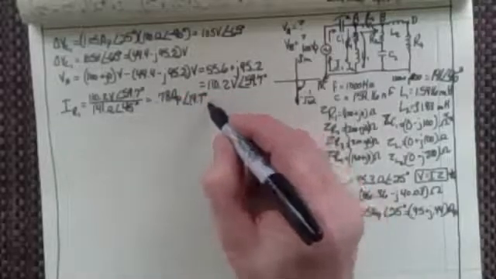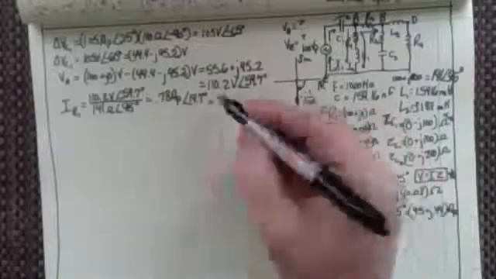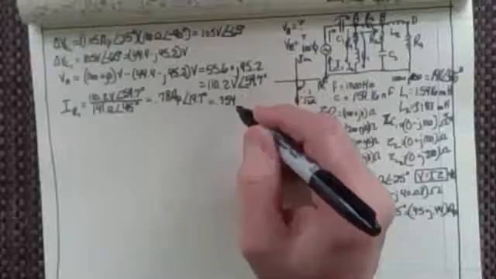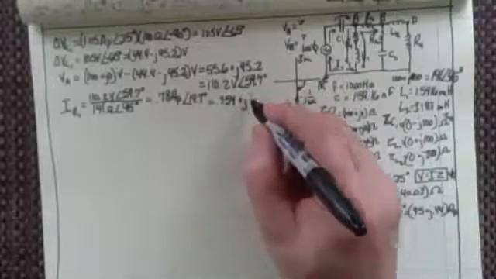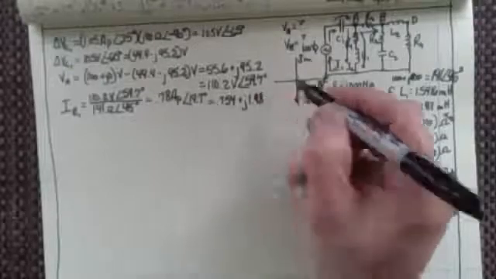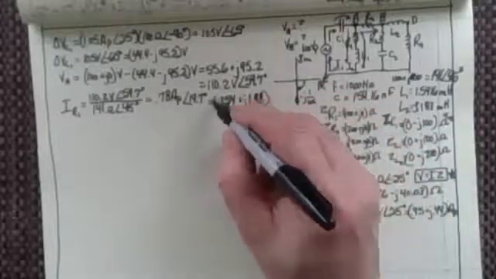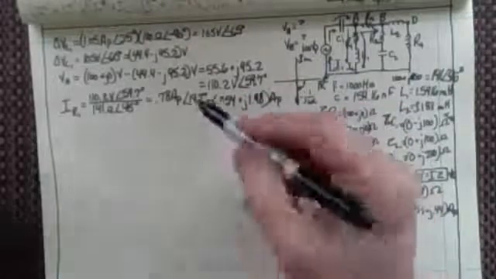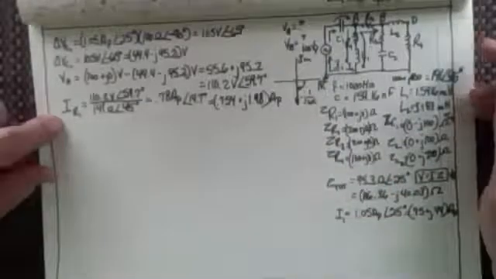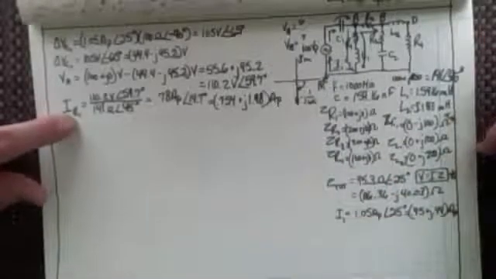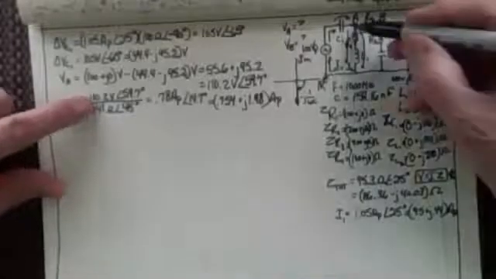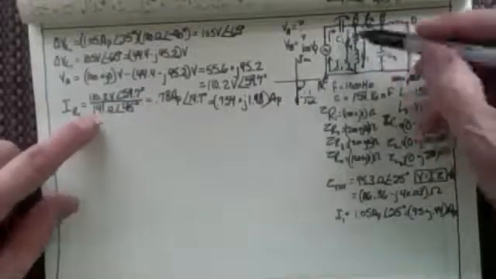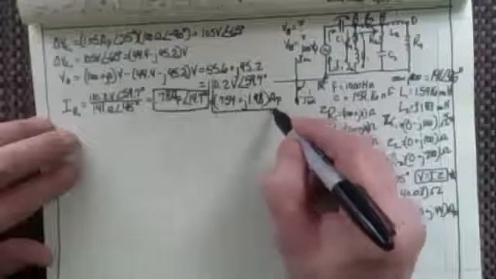In fact, I'm going to write it out in that regard, but I'm also going to write it out in its rectilinear form, 0.754 plus J1.98, because we're going to need that again, right? And of course, those are peak amps. So we figured out what the current is going through R1 this way, because we know what the voltage drop is, and we know what the impedance is. We're going to use that again someplace.